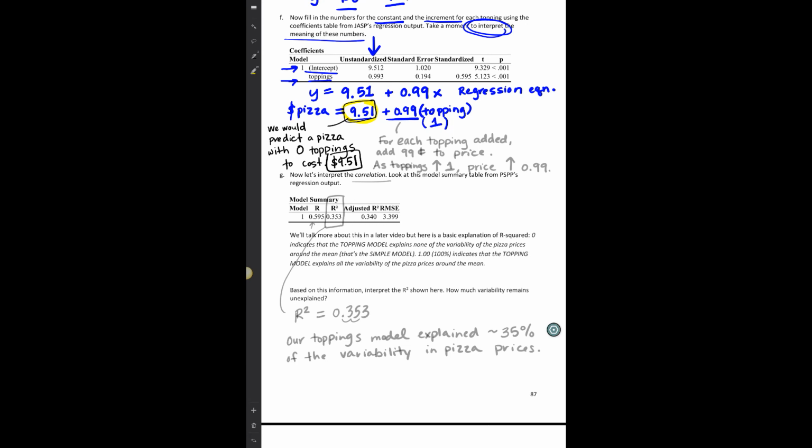According to our model, the number of toppings explains about 35% of those differences we see in prices. This means that other information is explaining the rest of the variation. In other words, we've explained 35% using toppings, which means that 65% of the variability that we see here in prices is unexplained by our model.